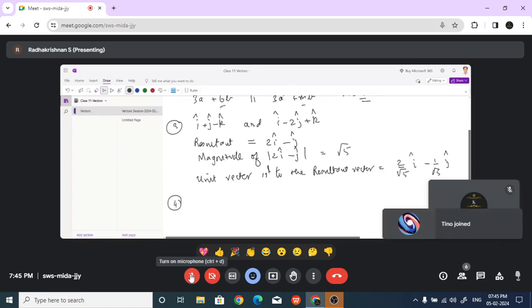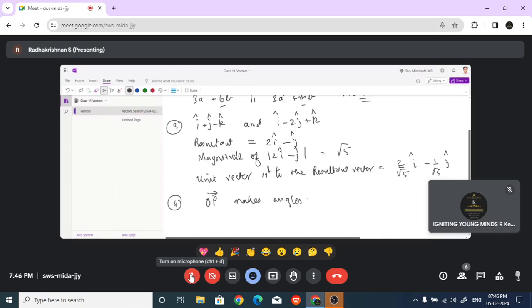The vector OP makes angles of 60 degrees and 45 degrees with the X and Y axes respectively.